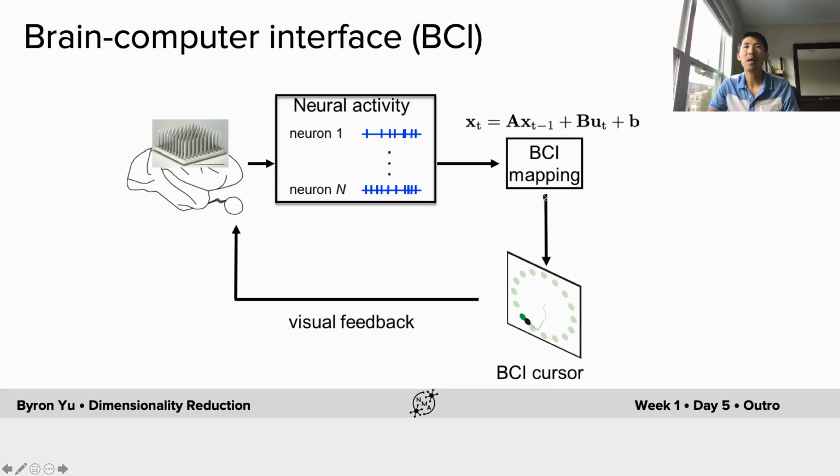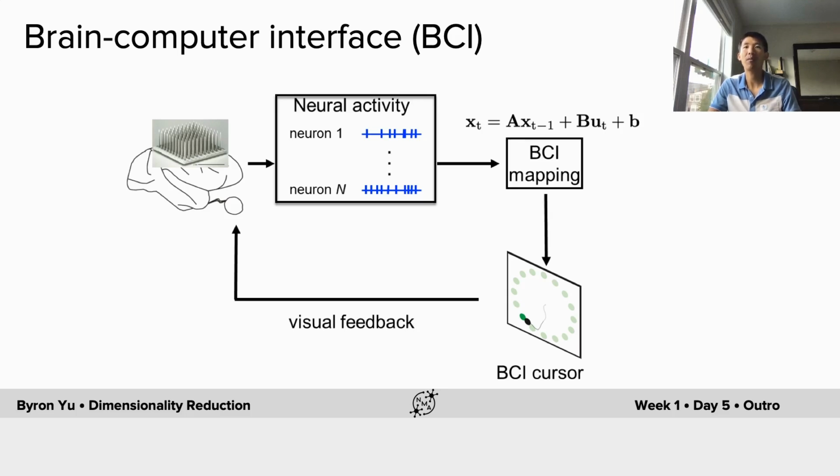And this mapping takes the form of the equation that you see here, where x sub t is a 2x1 vector. That is the horizontal and vertical velocities of the BCI cursor. x sub t minus 1 is the velocity of the cursor at the previous time point. u sub t is the vector of neural activity, of spike counts.